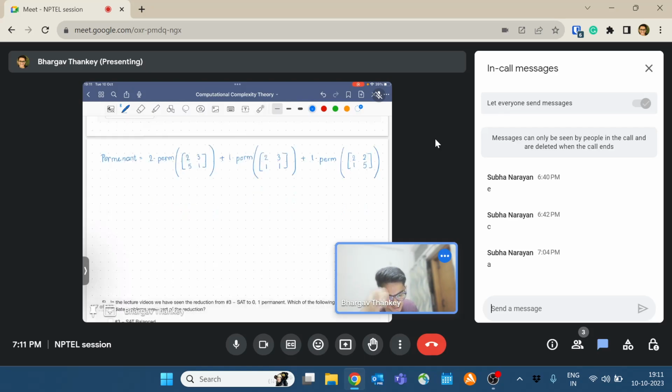To compute the determinant, you would multiply these two and subtract this product. But again, there are no minuses here, so you multiply these two and add this product. So this is 2 times (2 plus 10, or 15), plus 1 times (2 plus 3), plus 10 plus 2.